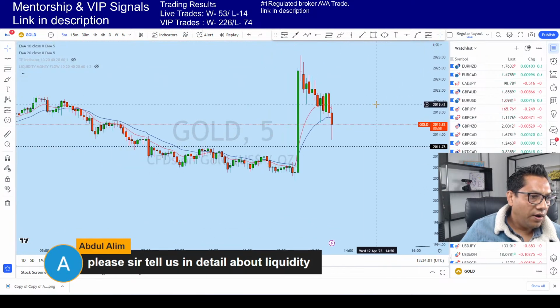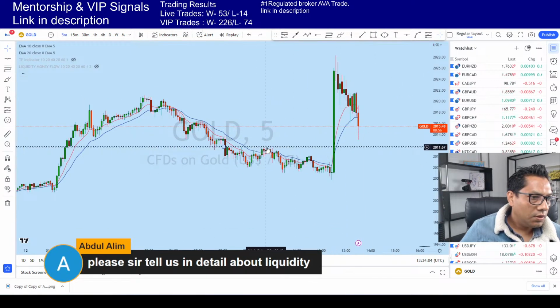You can see this is the 5-minute chart on gold. It's a very important level here, resistance turned support.